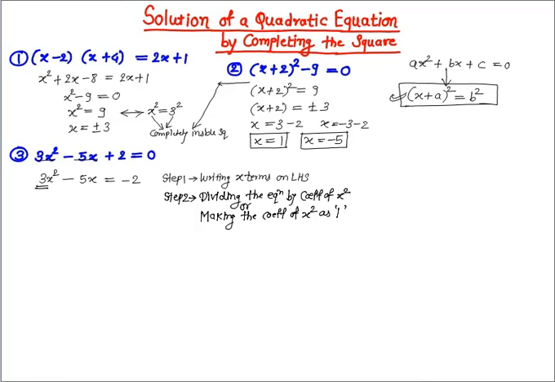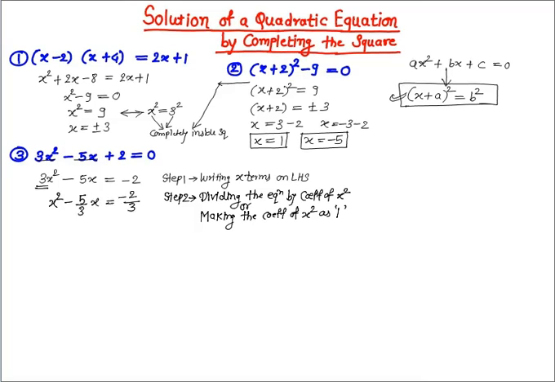We can divide the complete equation by 3. So we will get the coefficient of x² as 1. So that is our second step. So let's divide this equation by 3. What will we get? x² − (5/3)x = −2/3.